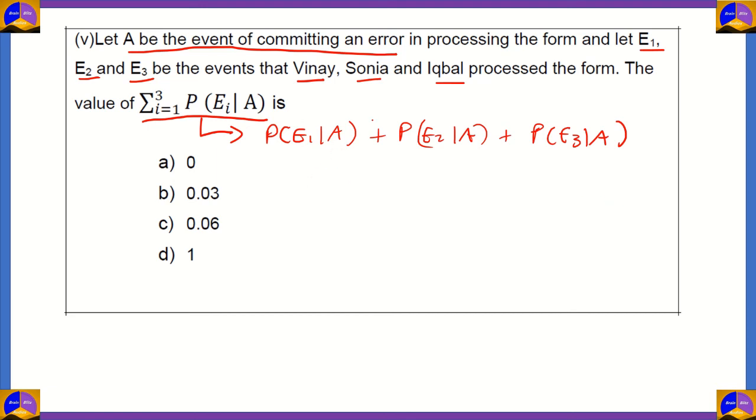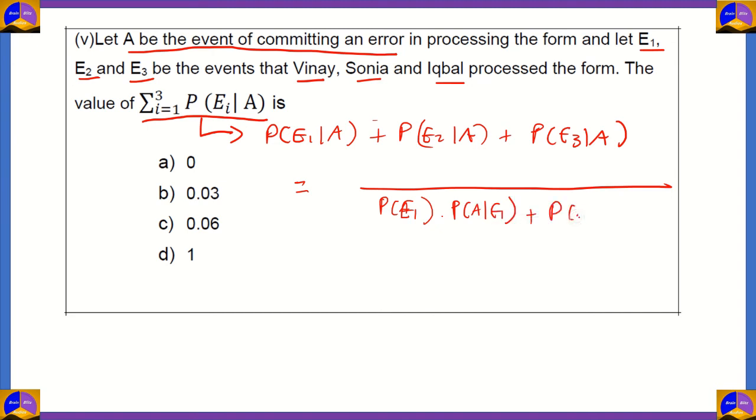In this question, however, we have 3 such terms, and therefore the common denominator is P of E1 into P of A given E1 plus P of E2 into P of A given E2 plus P of E3 into P of A given E3. So this is the common denominator for all of these terms, so we'll just put that as common.